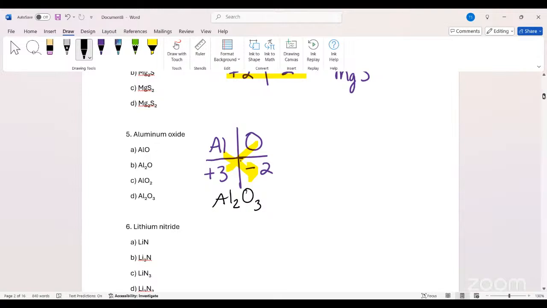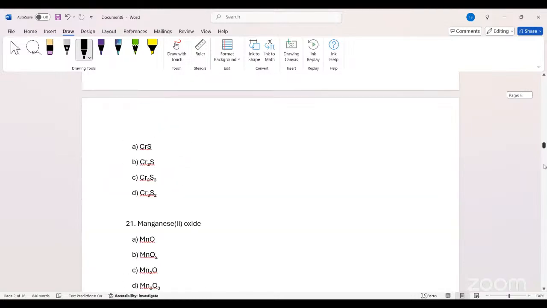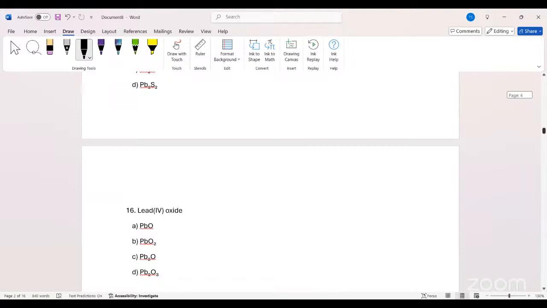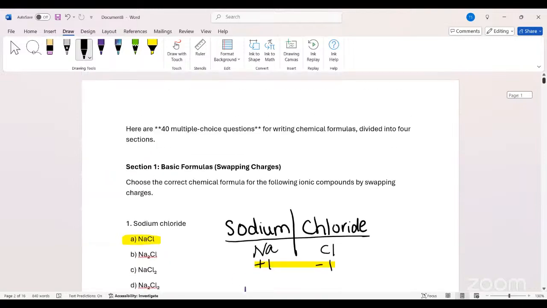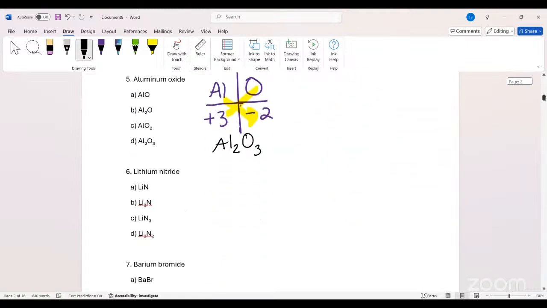Now, I'm going to give you the formula, and you have to now give me the name, okay? Because I want to make sure that you all can do both ways. You will have to do them both ways on your assessments, on your exams.